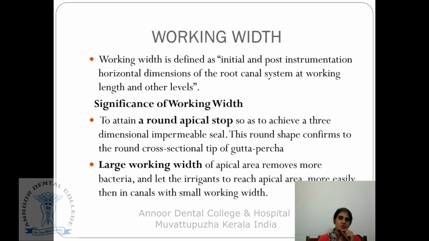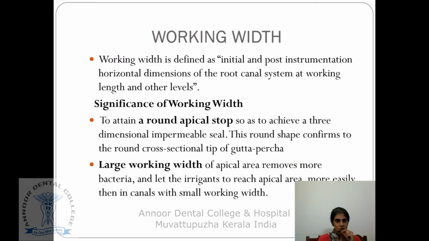Sometimes we say we want a round apical stop. What are the advantages of a round apical stop? When you have a round apical stop, it is easier to achieve a three-dimensional impermeable seal, because the round shape will conform to the round cross-sectional tip of the gutta-percha.